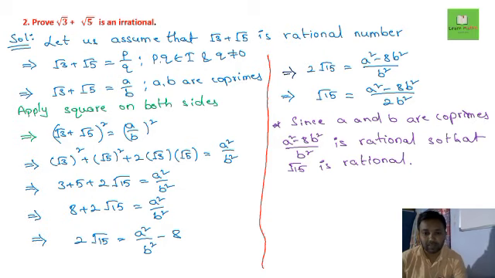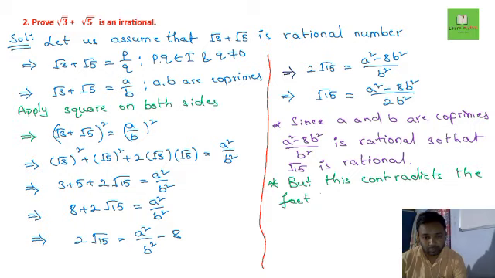But this contradicts the fact that root 15 is irrational.